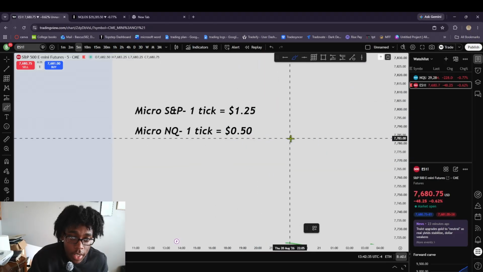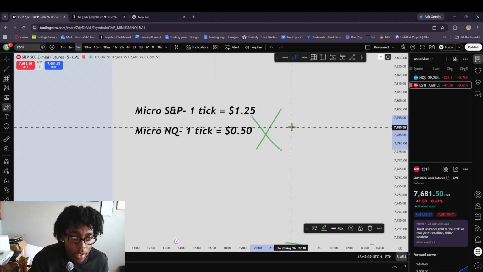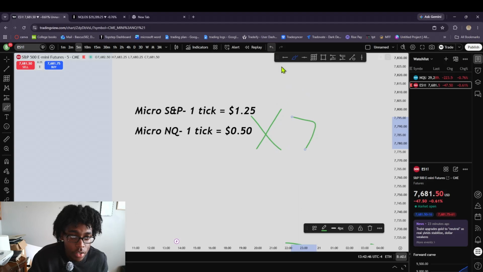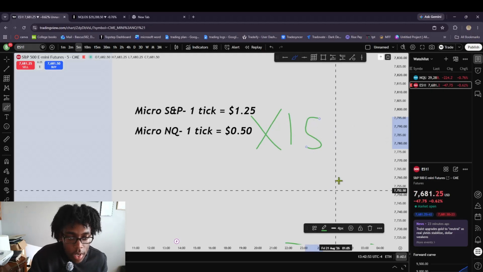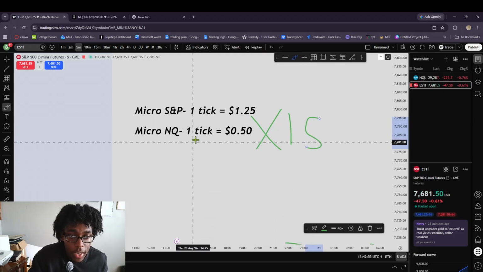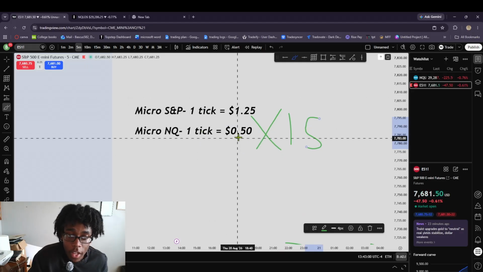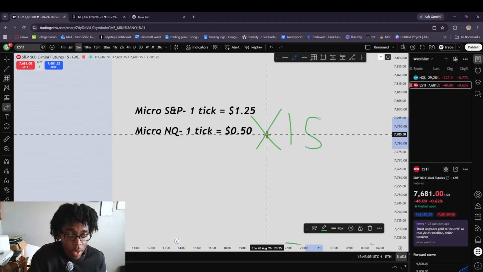And yes, the same exact thing, always make sure to times this number by the amount of contracts, whether you have 2 contracts, 4, 7, or even 15 contracts. People tend to use more contracts on micros because it is a smaller value. So it makes sense. But just always remember, once you look at your distance of ticks and multiply that by your value, make sure to times that by the amount of contracts you are using. That is pretty much the same formula for micros and minis. It's the same exact thing.